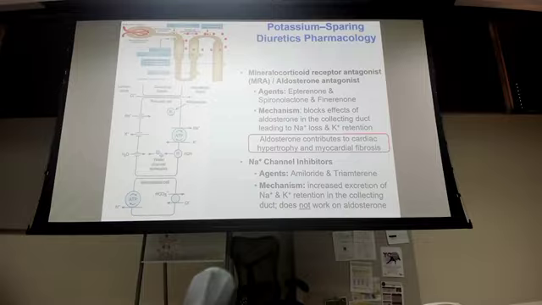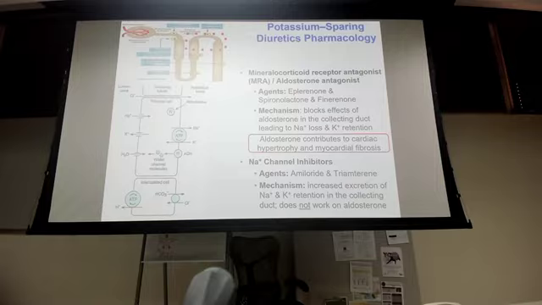The sodium channel blockers obviously work differently. They block the epithelial sodium channels, you hear called the ENaC, in the collecting duct. So they're basically the second class there, reducing sodium reabsorption and indirectly reducing potassium secretion. But the second type, the sodium channel inhibitors, do not block aldosterone itself.